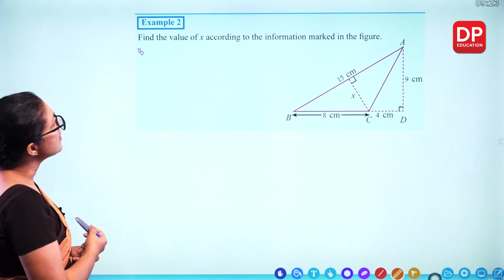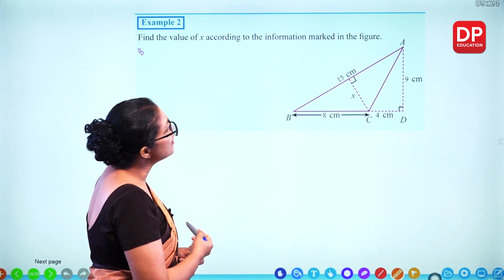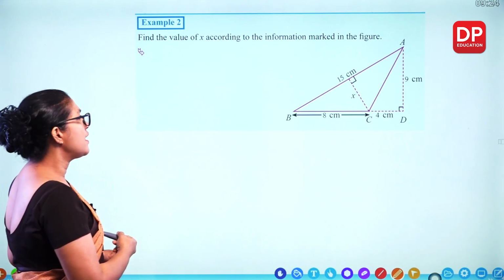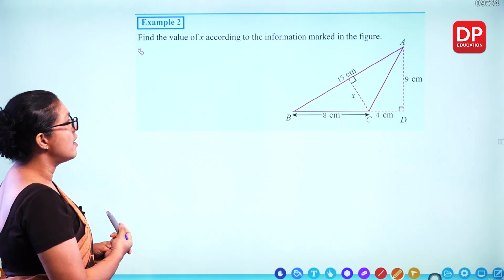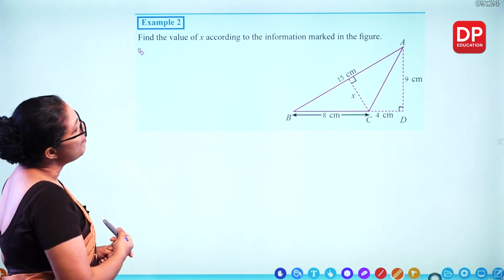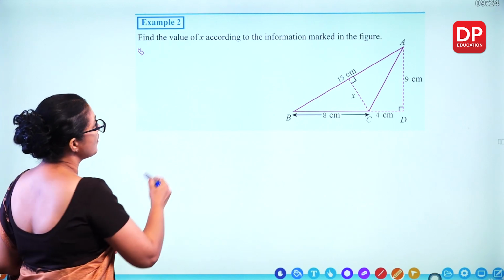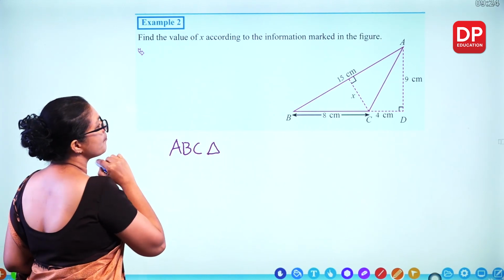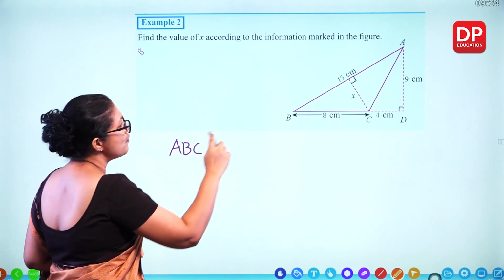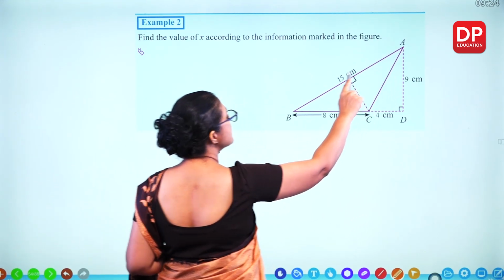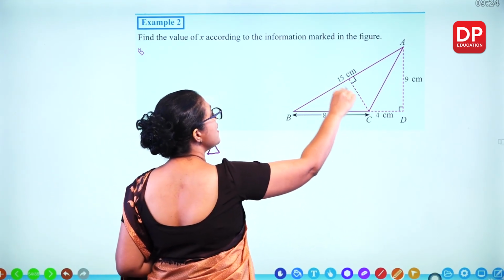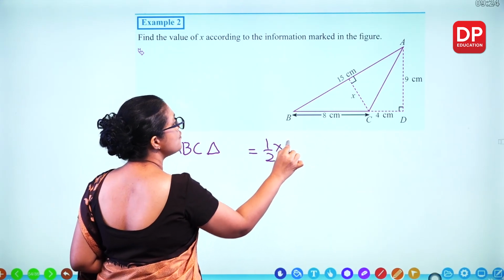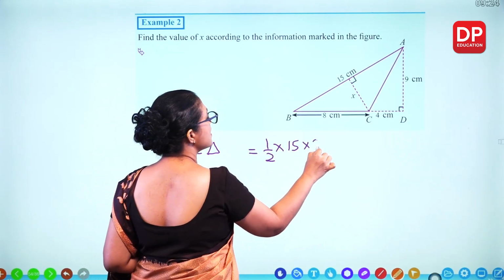Find the value of x according to the information marked in the figure. We can find out the area of ABC triangle. What's the area of ABC triangle? If you take this as the base, this is the perpendicular height. So you can write half times 15 times x.